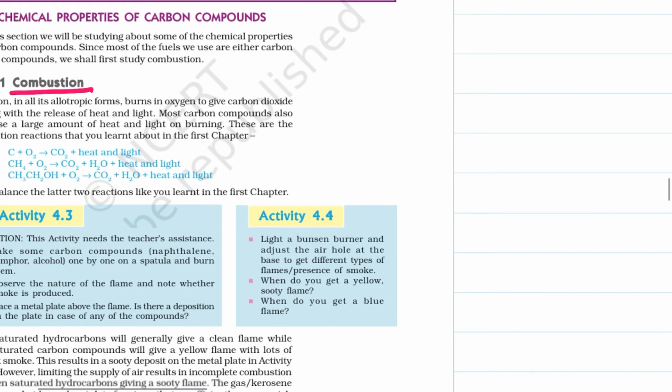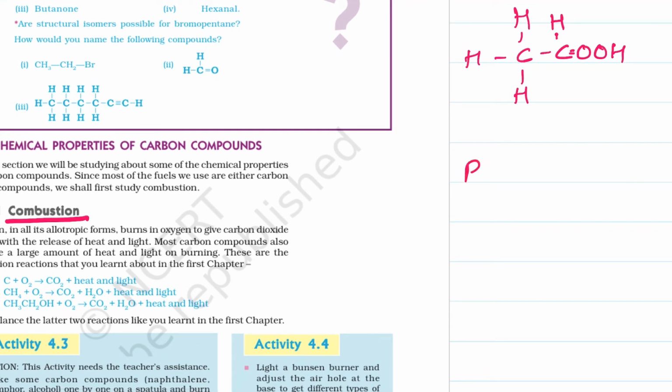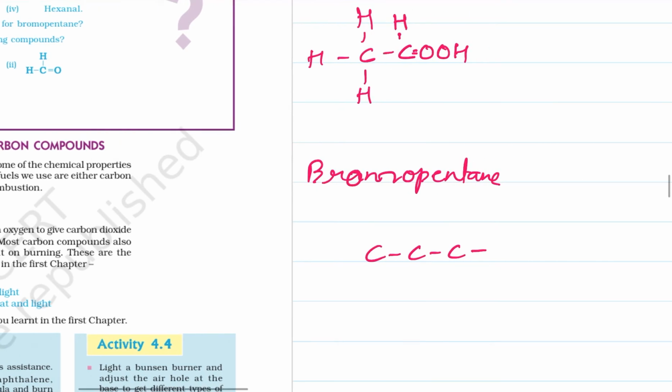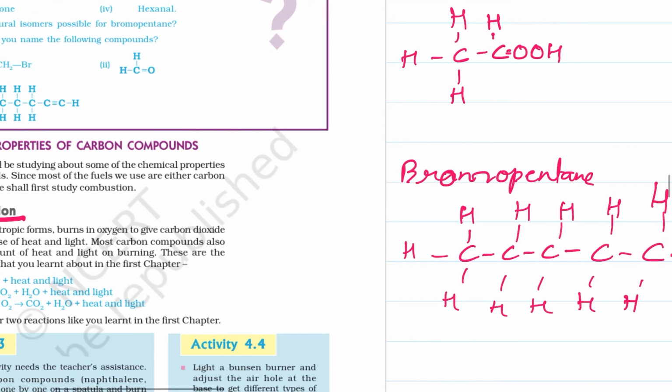Then you have, next is bromopentane. So in bromopentane, first 5 carbons and ANE, so all single bond, bromo is Br. So this is bromopentane. Complete the valencies with H. Next is butanone.